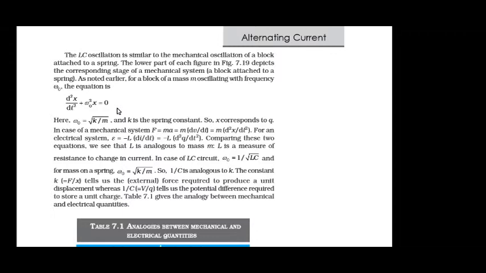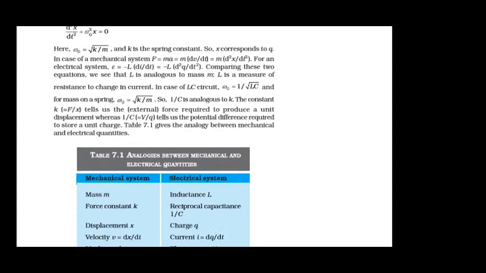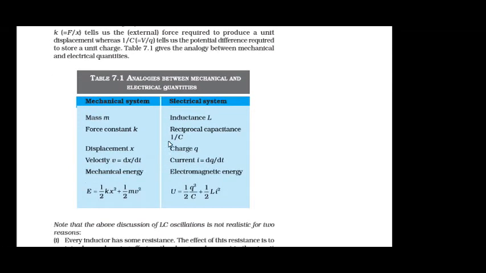Table 7.1 gives the analogy between the mechanical and electrical quantities. Now let us go through the table so that we can understand better. Whatever is meant by mass in the mechanical system, the same thing is meant by L, inductance.